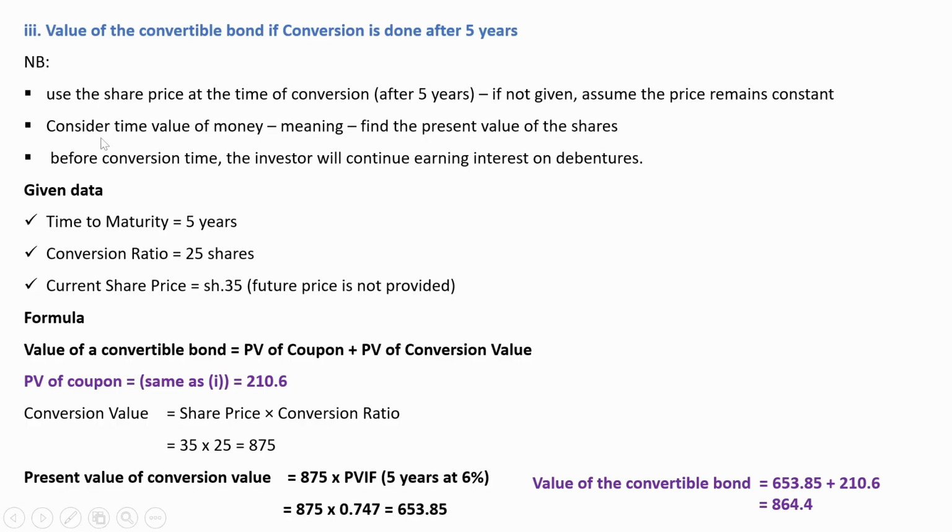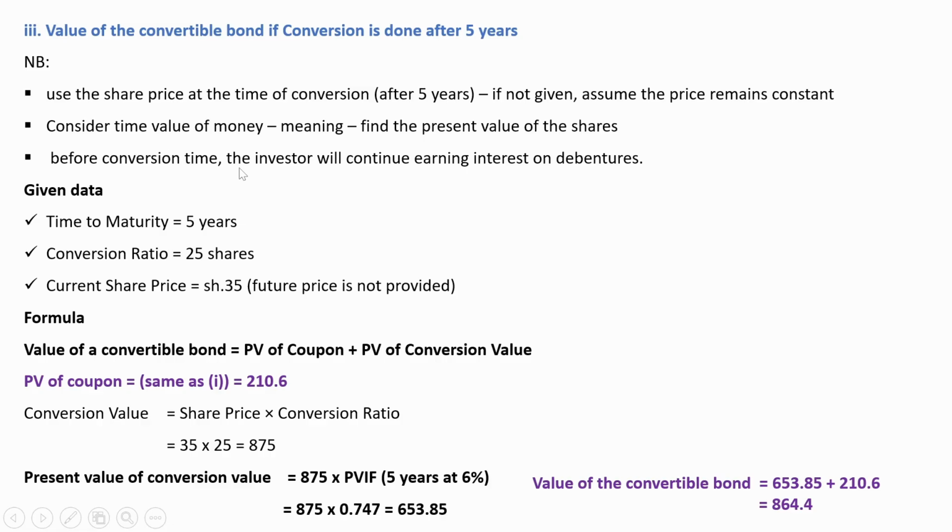So these are a few things you are supposed to note, and I have mentioned some of them. Use the share price at the time of conversion, which is after 5 years. If not given, assume the price remains constant. Consider the time value of money, meaning find the present value of the shares. As long as conversion takes place in the future, you have to do that.